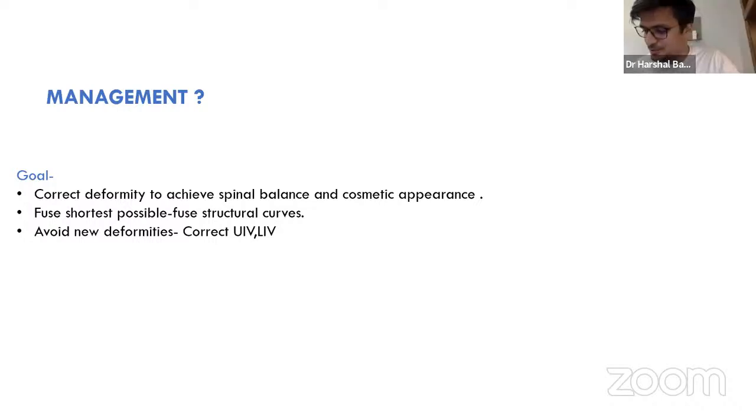Yes, carry on. Next point. To measure apical vertebral translation and rotation also, sir. Apical vertebral translation, yeah. It should be more than 1.2 so that we can go for a selective thoracic fusion. Okay.